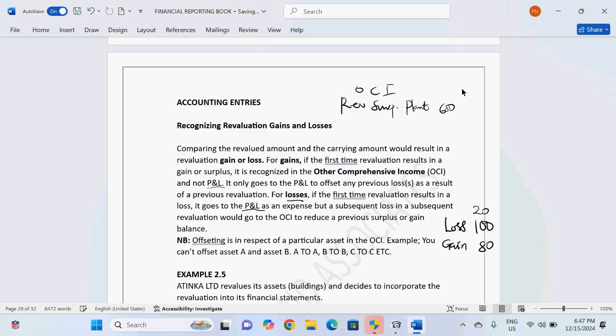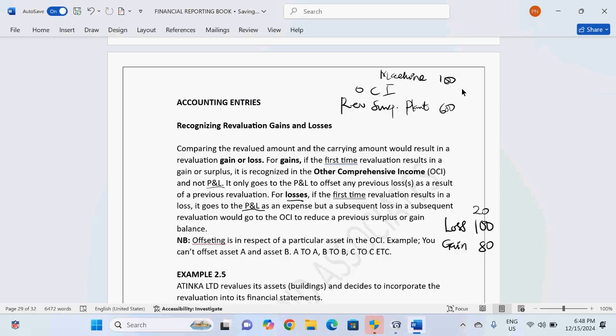In the OCI you have a revaluation surplus of 600, and you have done your revaluation and you are incurring a loss of say 100, and that loss is with respect to say machinery.